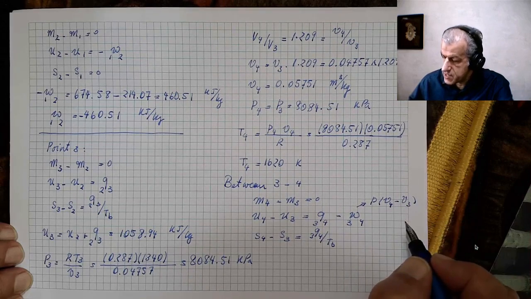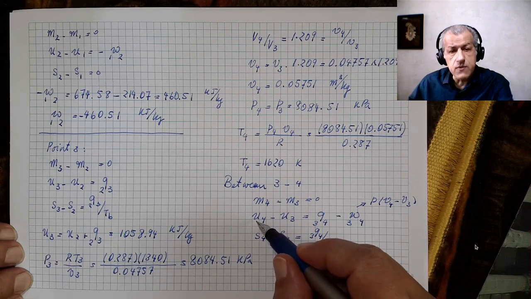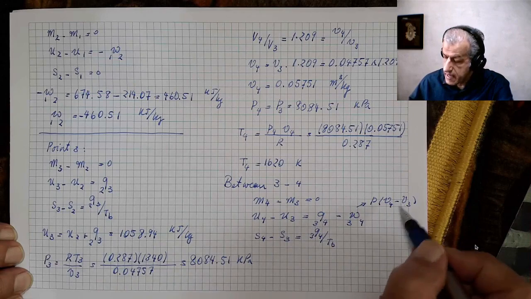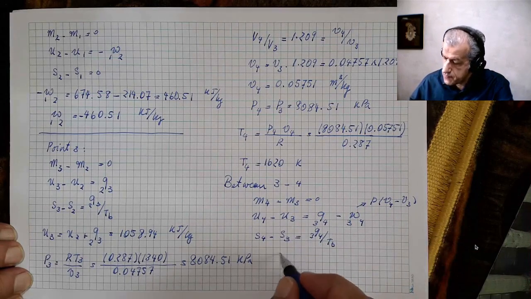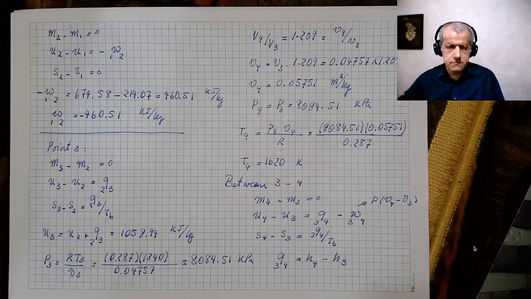And the interesting point is that P4 V4 you could add to U4, and P3 V3 you could add to U3, and therefore Q34 would be H4 minus H3.